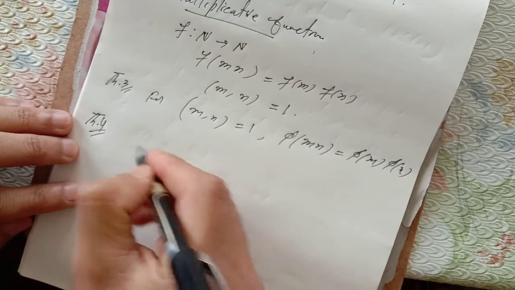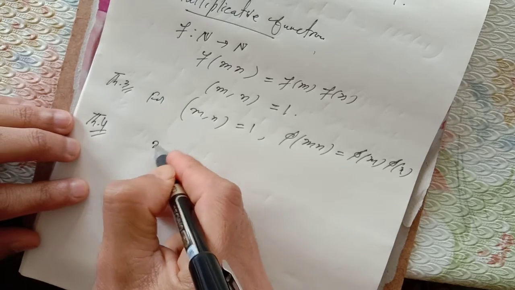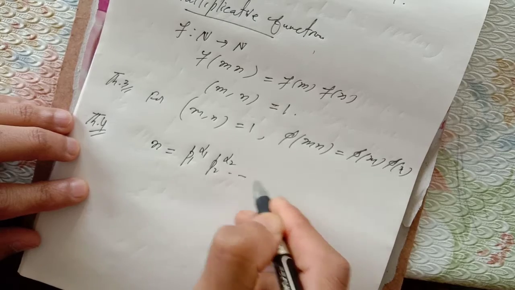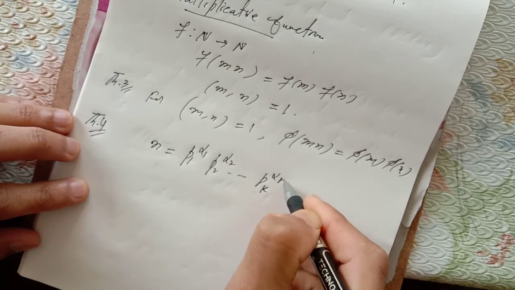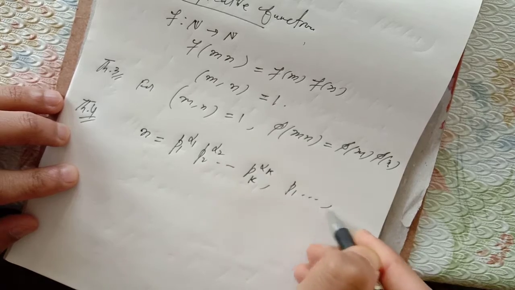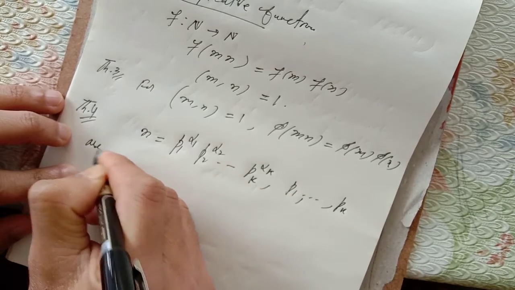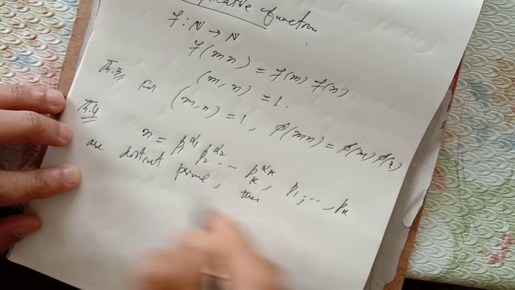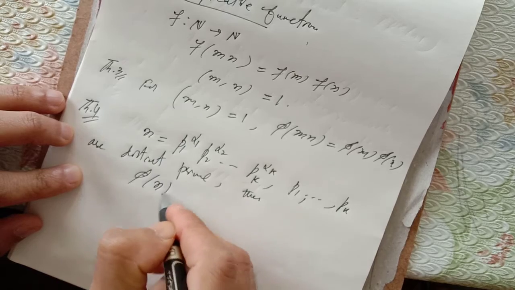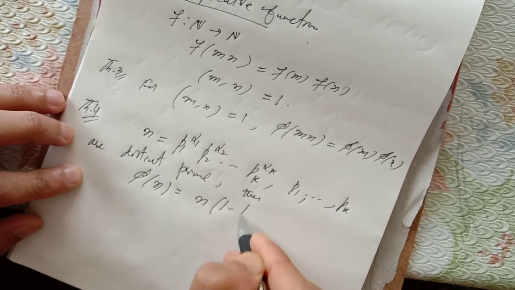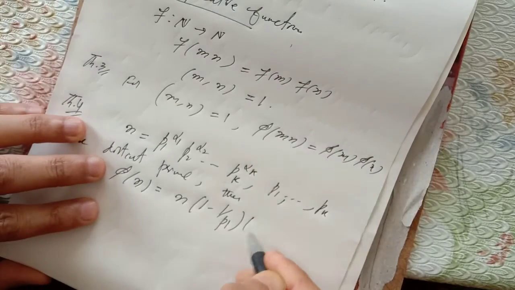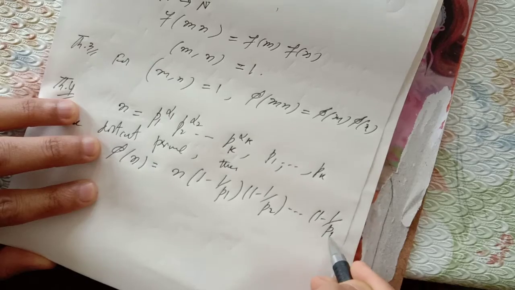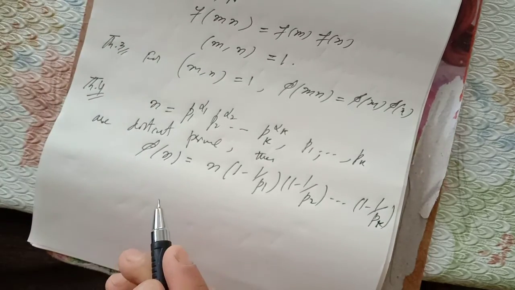It states that if n is any number which has a canonical representation, suppose n equal to p1 power alpha 1, p2 power alpha 2, and so on, pk power alpha k, where obviously p1, p2, and so on, pk are distinct primes, then phi of n will be equal to n times 1 minus 1 by p1 multiplied by 1 minus 1 by p2 and so on, 1 minus 1 by pk. So let us prove this first.